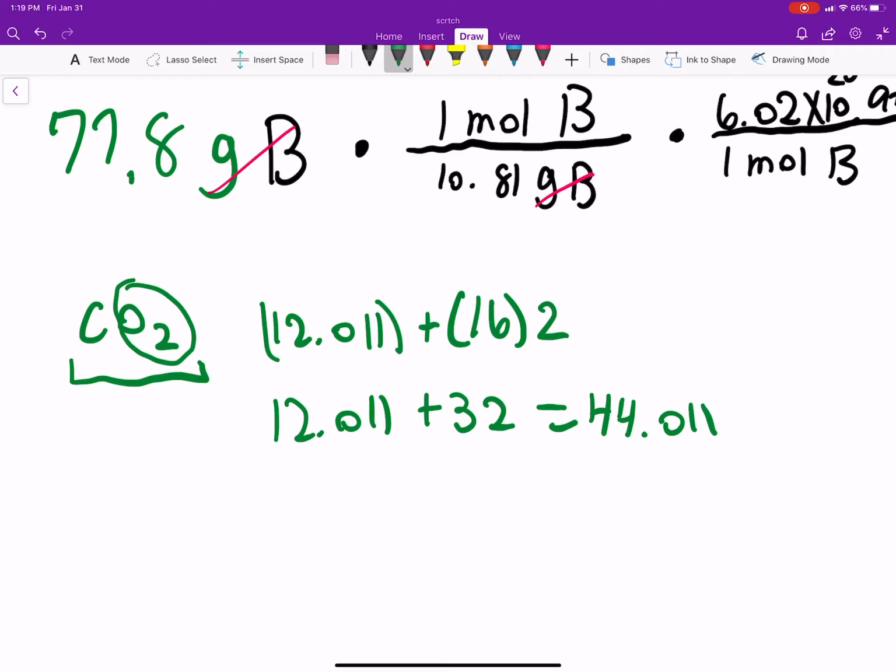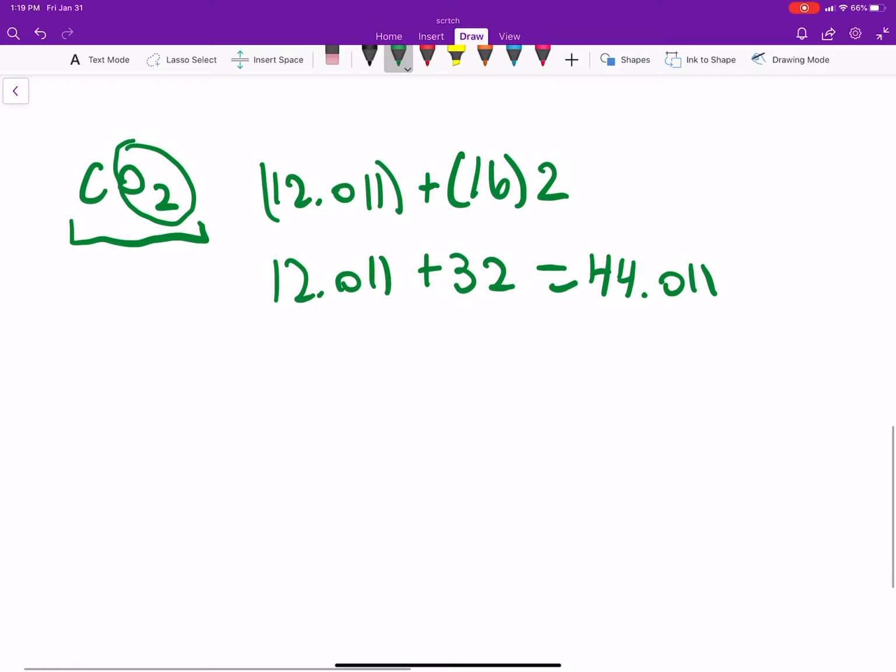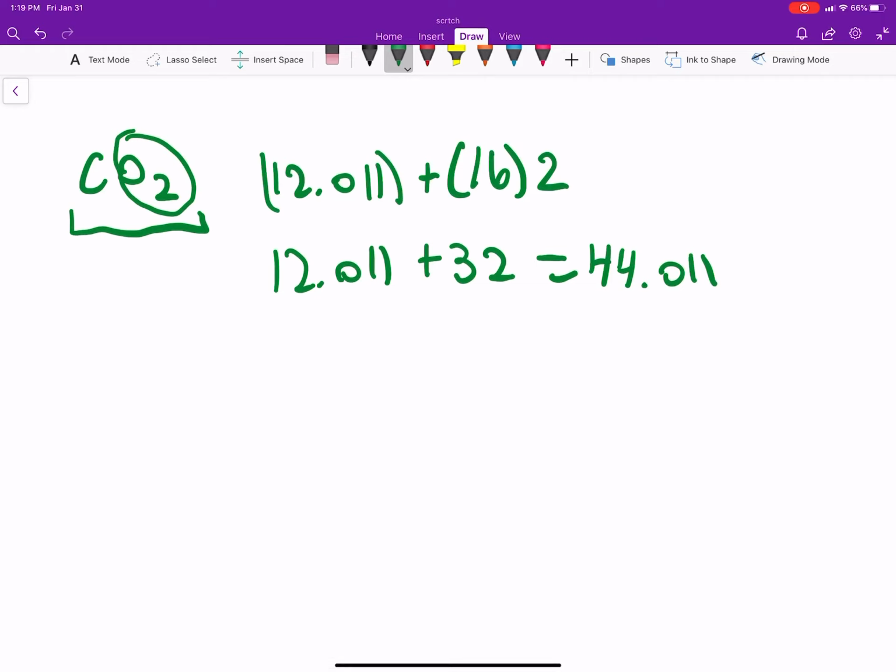Okay. Let's see if we can get one more good example here. How about we do one that involves a couple different pieces. Let's say we have, I'll just throw one together here. Let's say we have iron, I don't know. Let's just throw something together here.